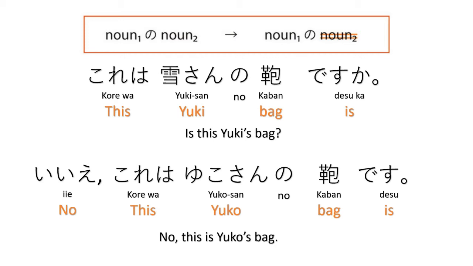So here the answer is no, this is Yuko's bag. Now instead of repeating the word bag, we can erase it and just retain Yuko-san no. Yuko's. No, this is Yuko's.